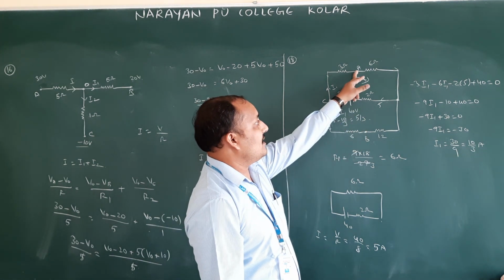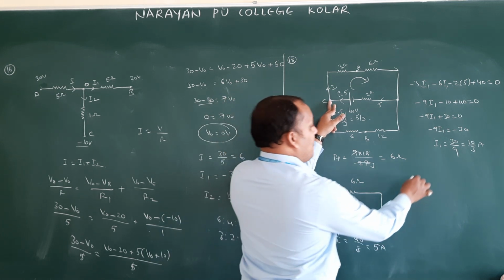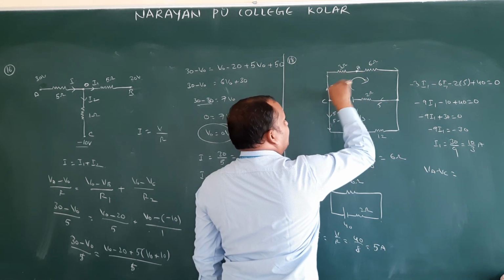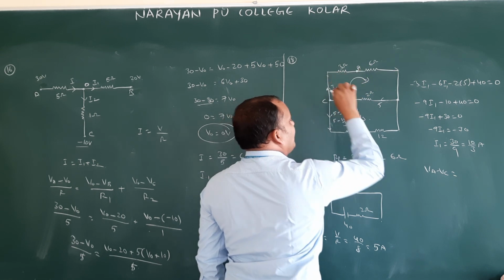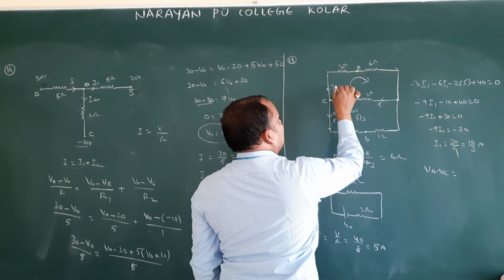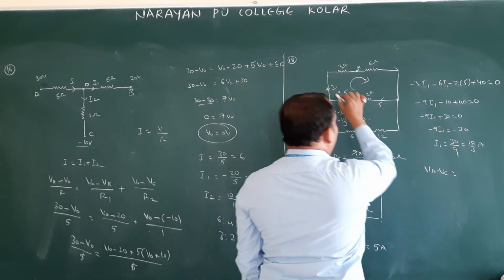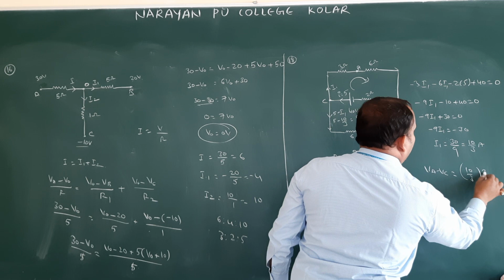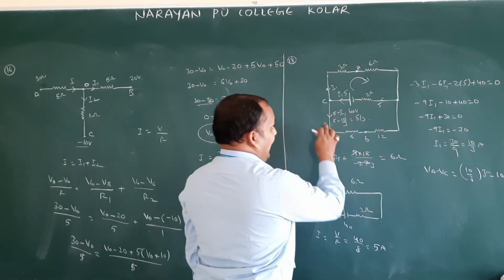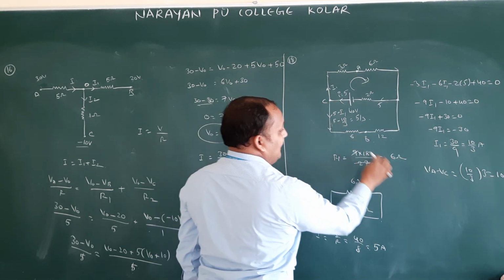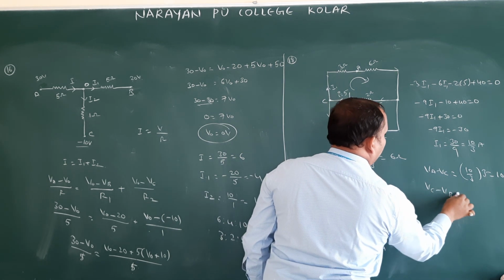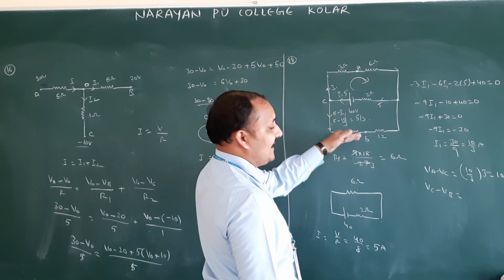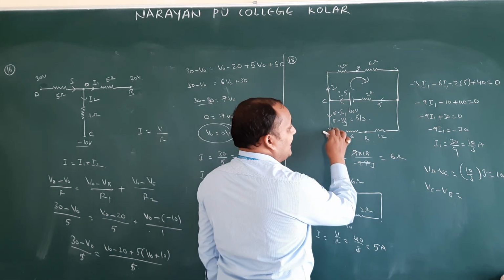They are asking what is the relation? VA minus VC. We are taking the opposite direction, therefore it is going to become plus. VA minus VC means current into resistance. What is current value here? I1 value how much you got? 10 by 3 into 3, so 10 volts. Next, VC minus VB, because we want relation between VA and VB. So VC minus VB in the direction means this is going to become negative.